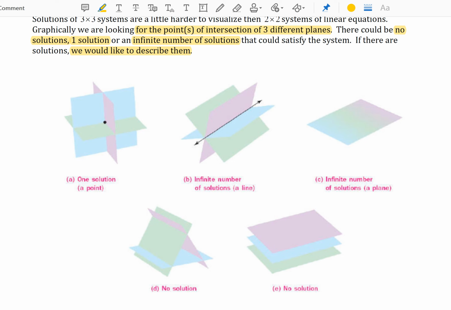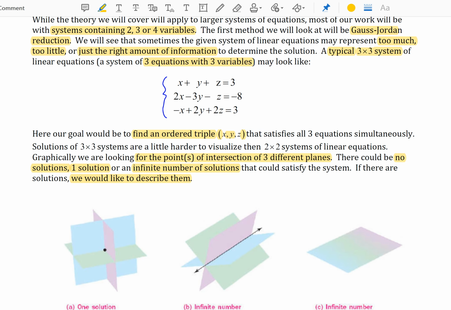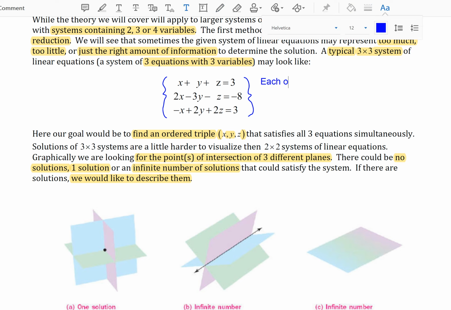So graphically, each of these 3 equations individually defines the graph of a plane in 3 space.